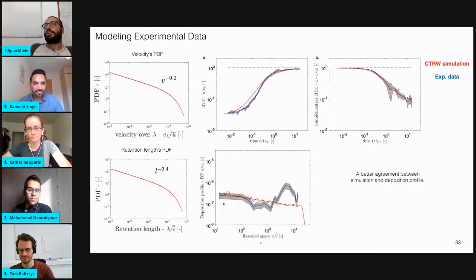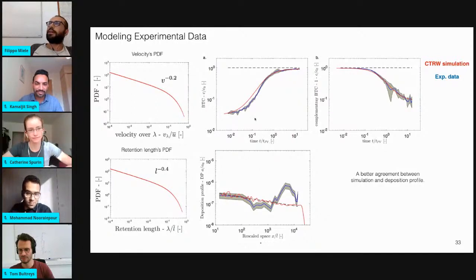Now, by changing the slope of the low velocity part of the velocity PDF and just extending the range of the correlation length PDF, keeping the same slope, we got a much better agreement between our simulation and the data.